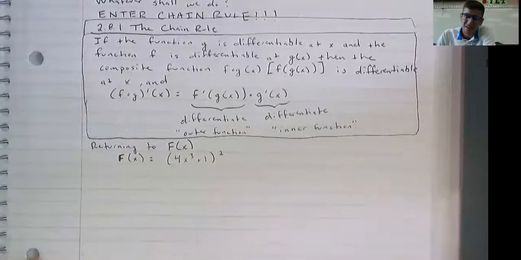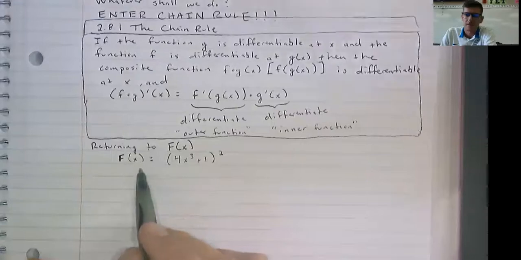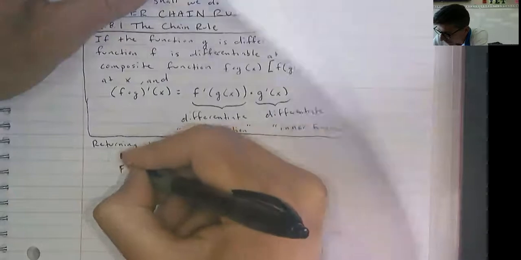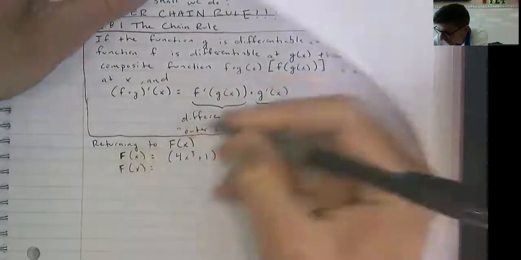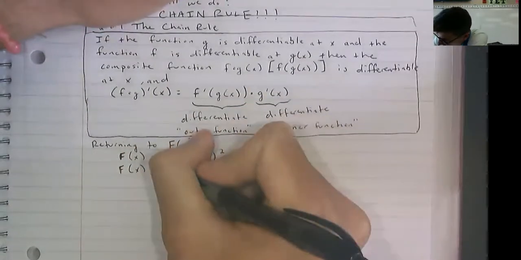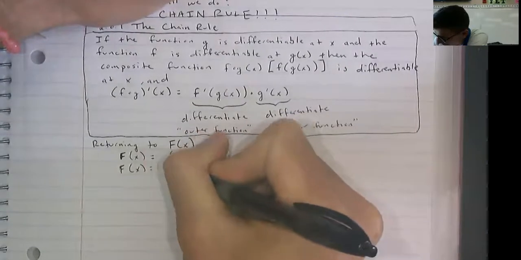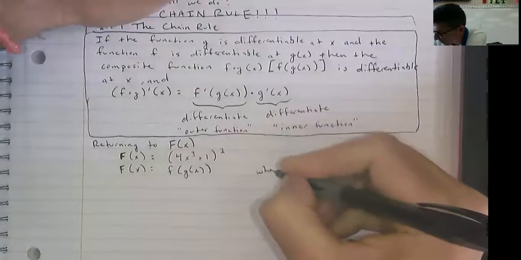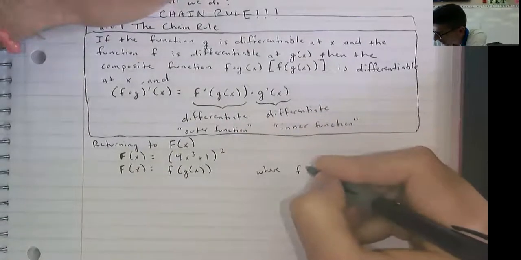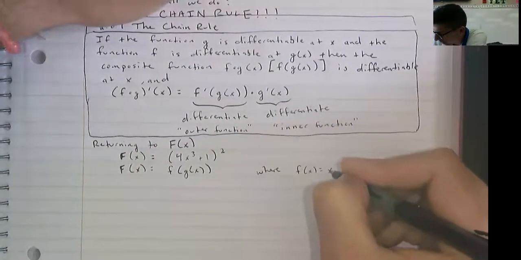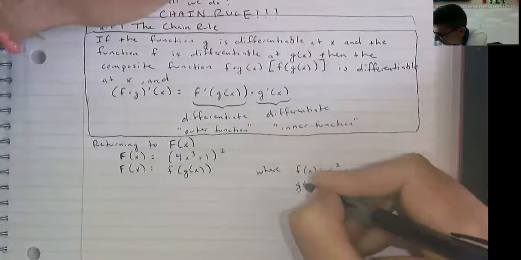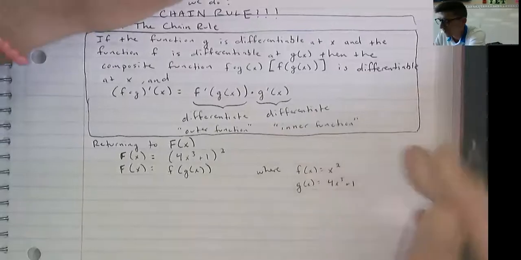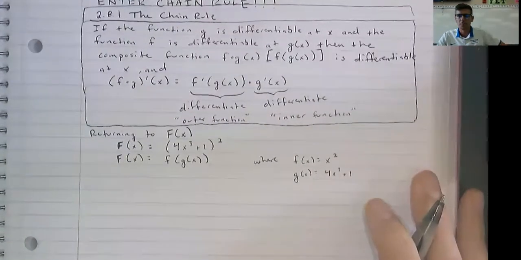So to differentiate f of x, we're going to redefine f of x as f of g of x, where f of x is x squared and g of x is 4x cubed plus 1. Cool, cool, cool.